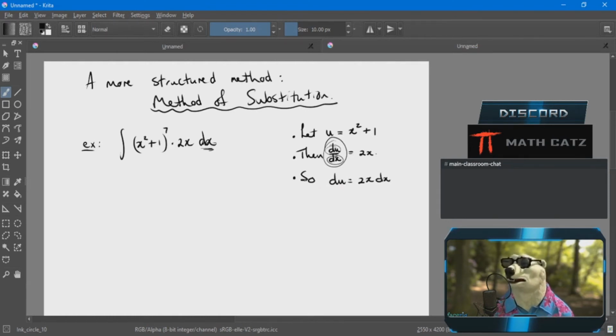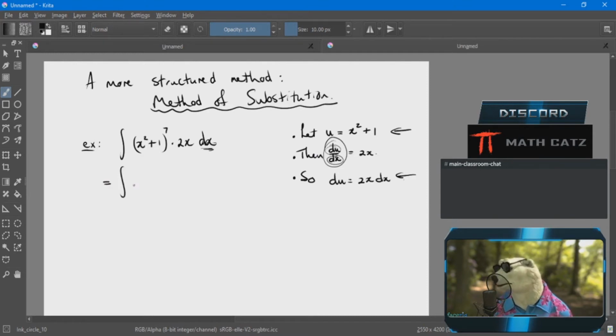If I now look at this first step and the last, or the first line and the last of my 3 lines, I can use those 2 lines to rewrite this integral to be a new looking integral, but with the variable u instead. How does that work?